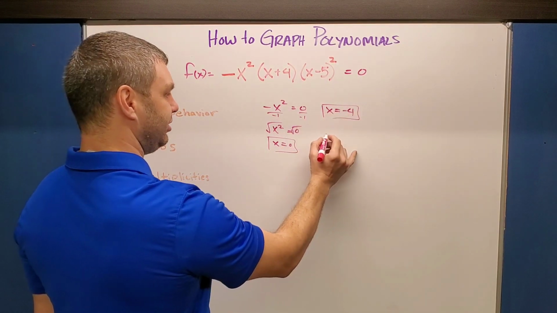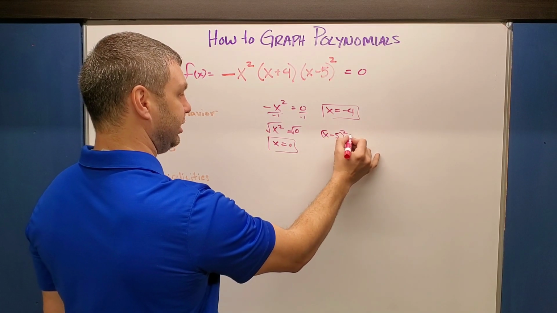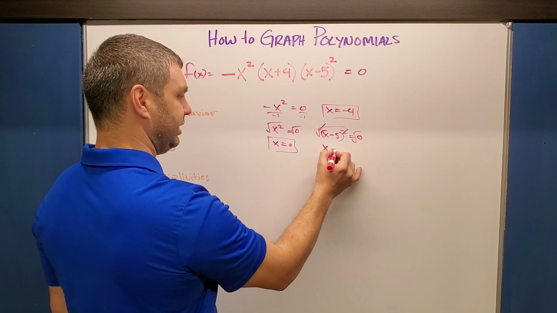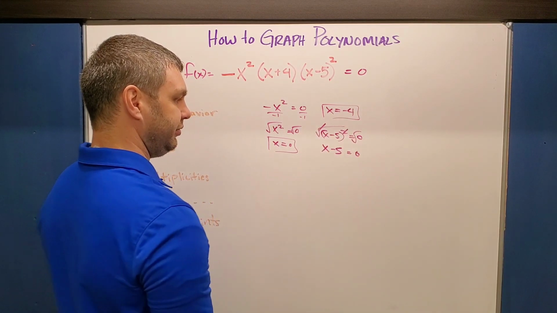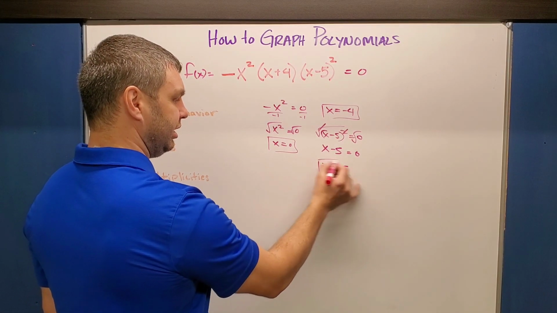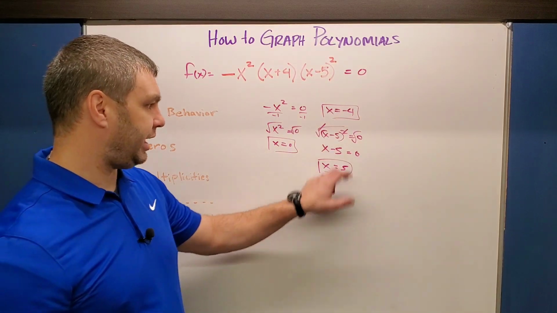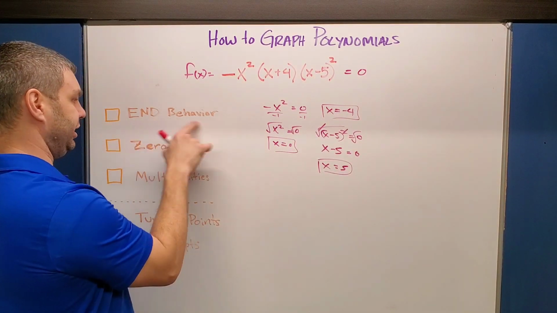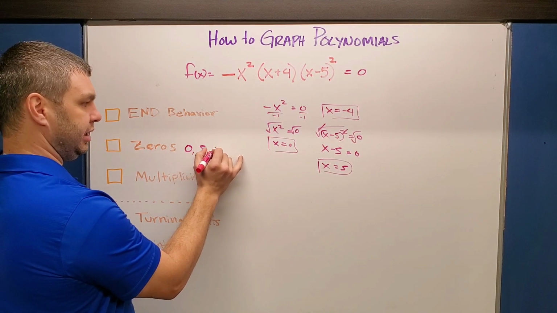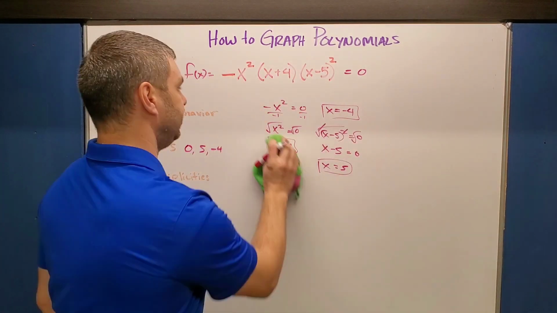Since it's being squared, don't get too worried about that, because the square is going to go away. If I add 5, I would still get x equals a positive 5, just like it would be without that square. So I have 0, 5, and -4. I'm going to write that over here, and we'll get to the end behavior in a second.